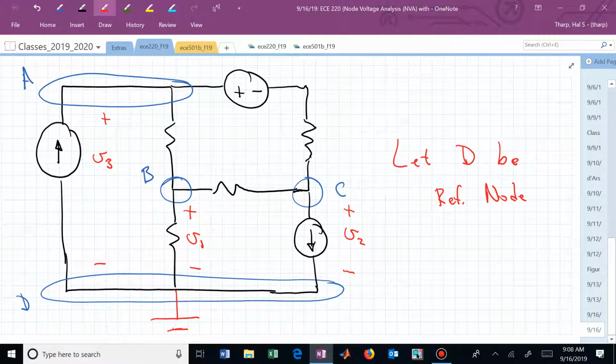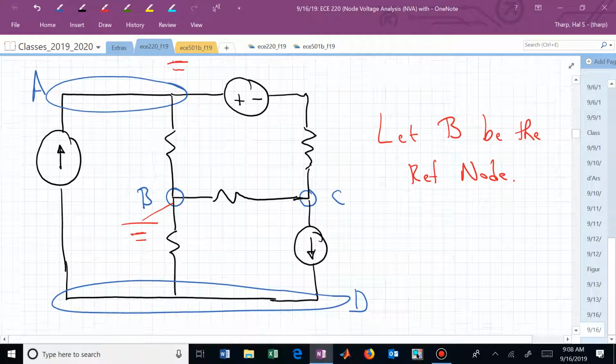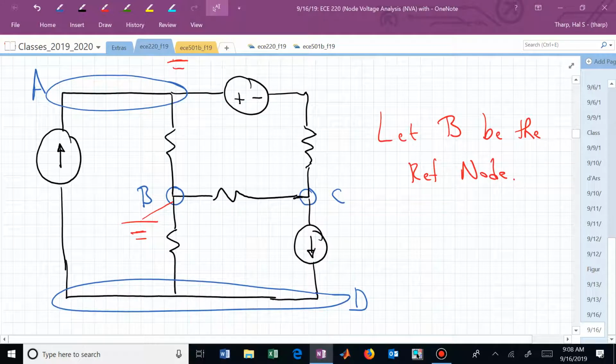If we do something similar in the twin, let's use different labels for these because we have a different reference node. Let's use V4, V5, and V6, and so that my discussion matches my prepared material, let's say that the first one, V sub 4, is from C to B, that node voltage.